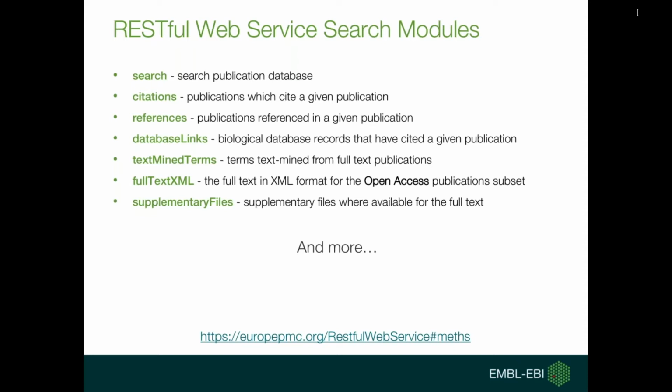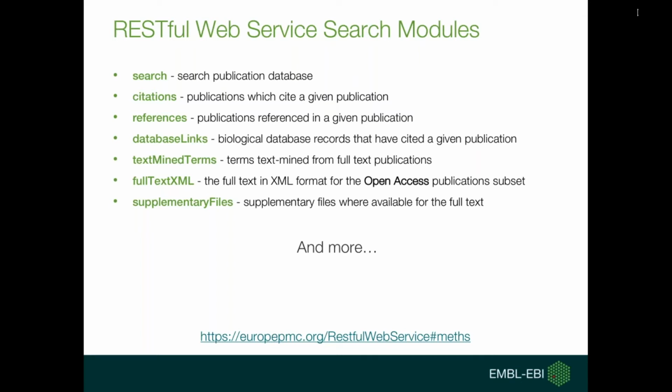Here's an overview of the methods available via the Europe PMC RESTful API. We present some of the modules on this slide. However, a comprehensive list, as well as additional information, such as specific parameters, can be found via the link at the bottom of the slide. Looking at the methods, perhaps the most important one is the search, which allows you to query the database for publications of interest.